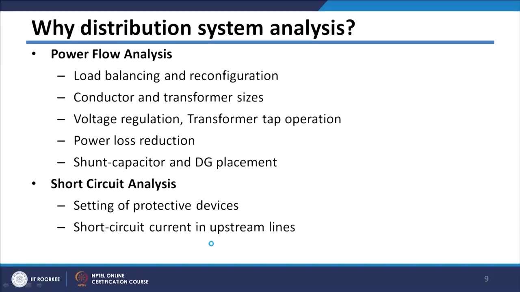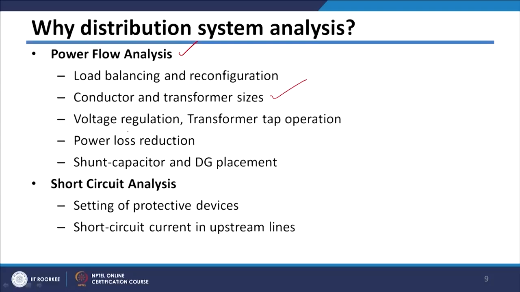During the operational stage, like load balancing or reconfiguration of the distribution system, we need load flow analysis. During the design stage, while we are selecting conductor sizes of the distribution conductors or transformer sizes, we need to know the load flow solution.